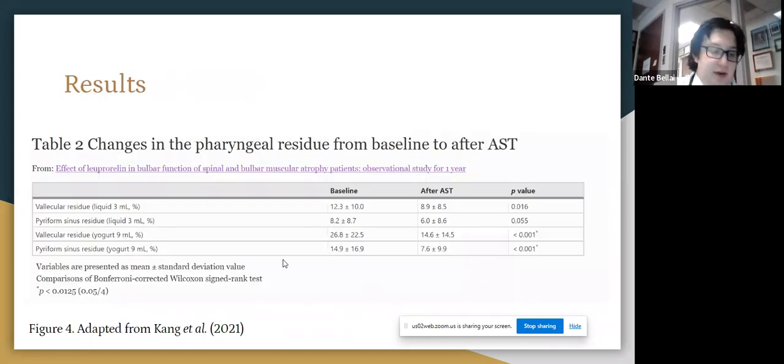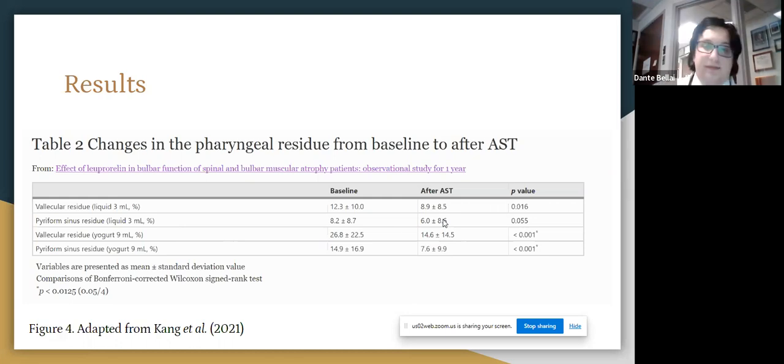What was quite interesting about it was that in all, when you actually look at the vallecular and piriform sinus, there's actually a reduction in the residue in both parts essentially. This is significantly reduced in both groups after the introduction of suppression therapy.